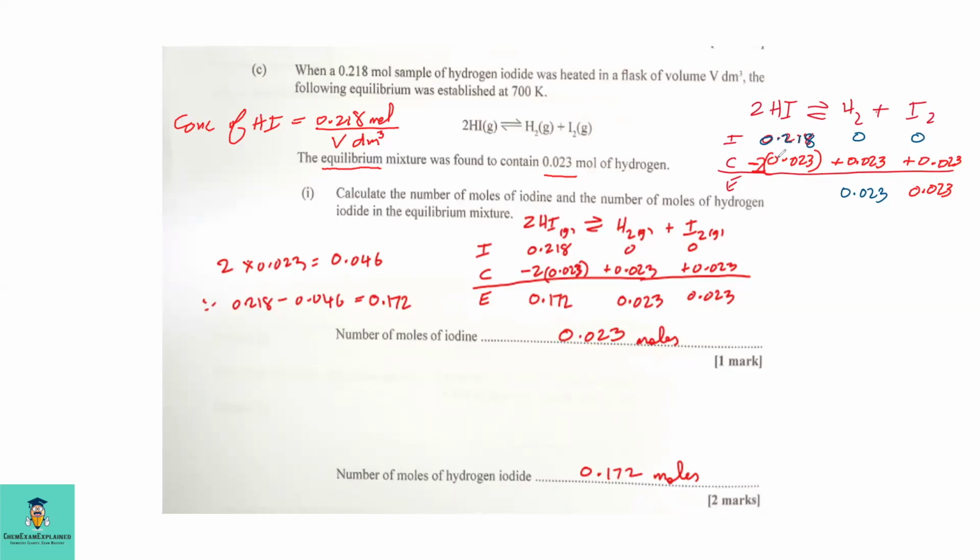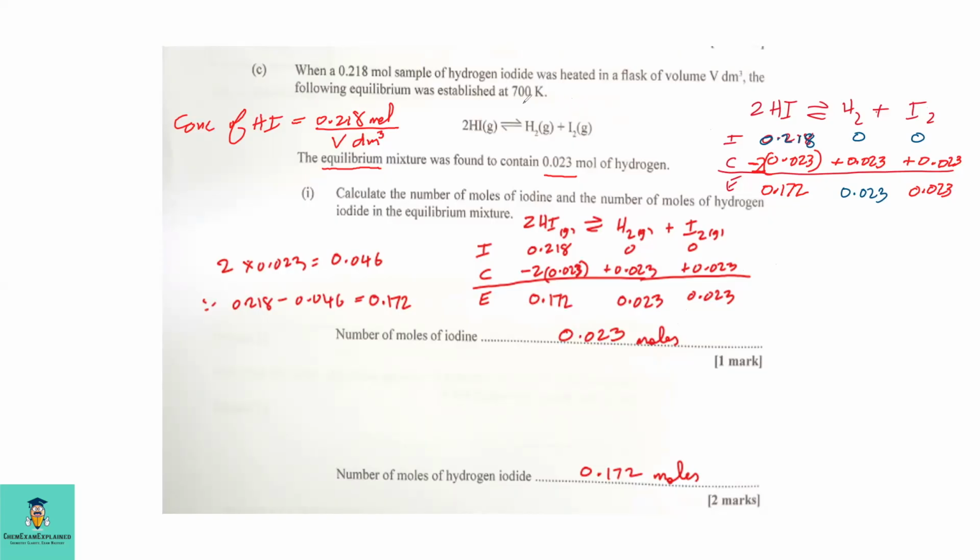So we multiply 2 times 0.023 and subtract that from the initial concentration to find the concentration of HI at equilibrium. And that works out to be 0.172. So now we have all the values for HI, H2, and I2 at equilibrium. We can now go on and do further calculation.